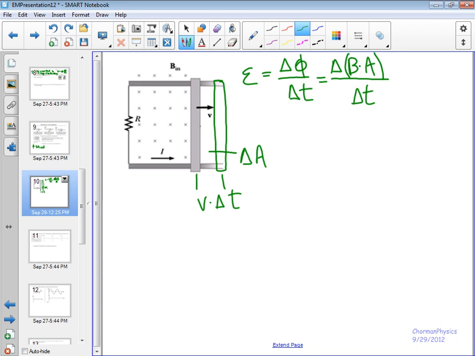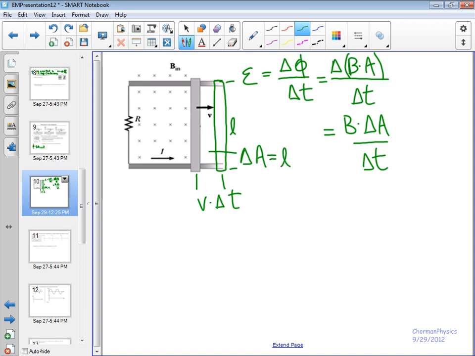We're going to substitute in our definition for the area. Since the magnetic field strength is the same, the only thing that's changing is the area.